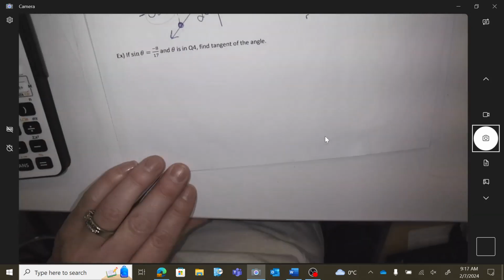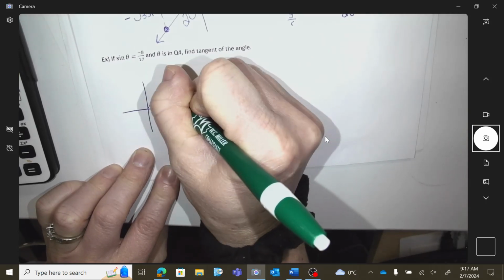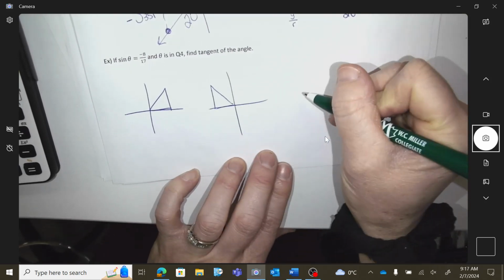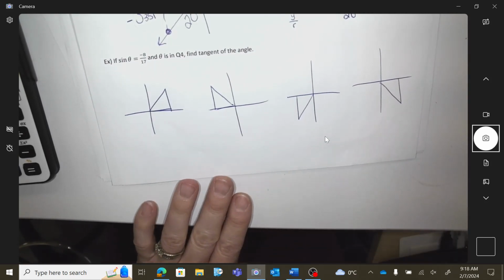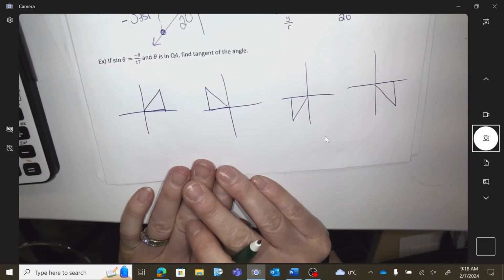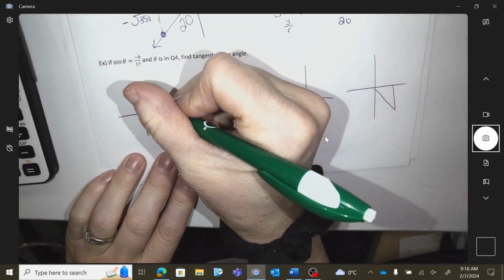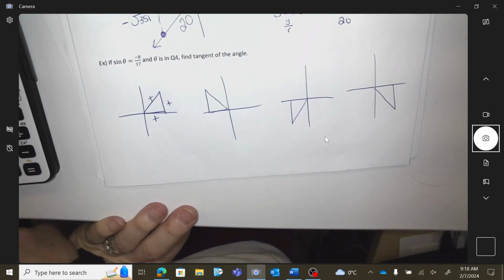I'm going to skip the next one. We're not going to do that. You know what let's do? Let's make a triangle in each quadrant, just so you remember. Okay, in quadrant 1, positive, positive, positive, right?